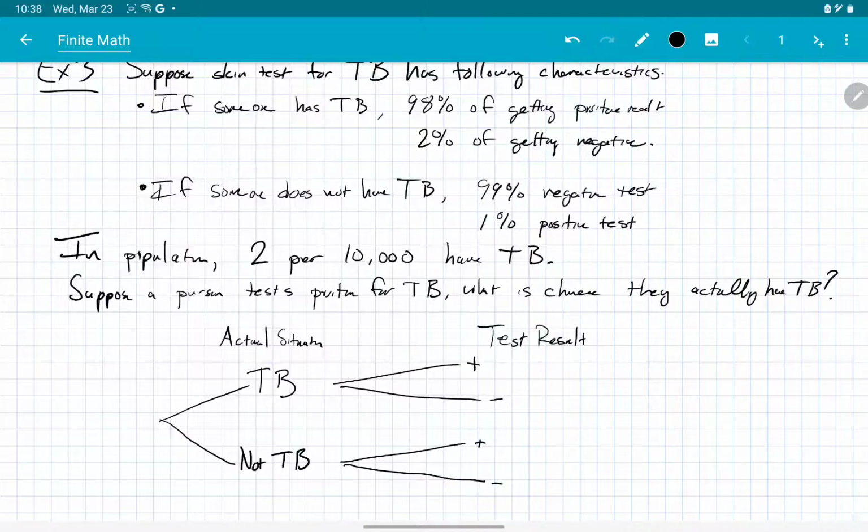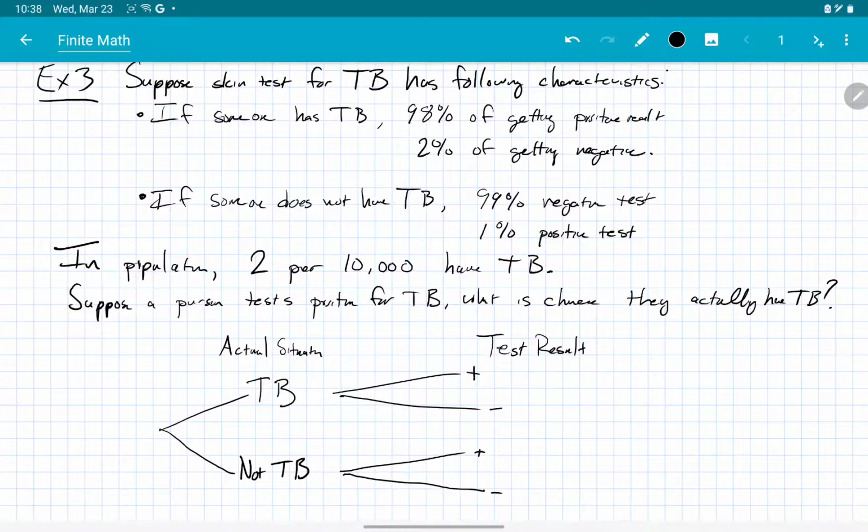Okay, now we fill in the probabilities. The probability that someone actually has TB is 0.0002, 2 per 10,000. The probability that someone does not have TB is 0.9998. So 99.98% of the people in the population do not have TB.